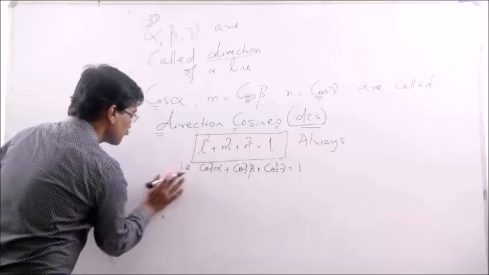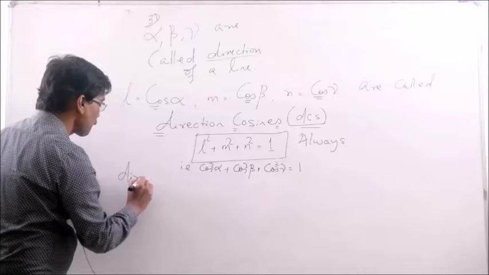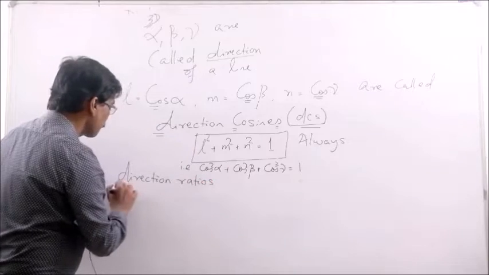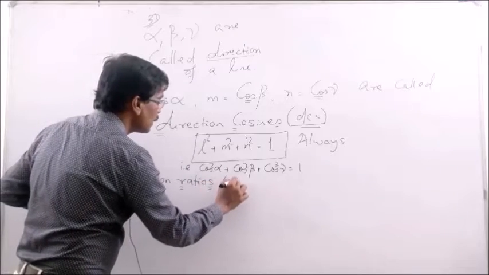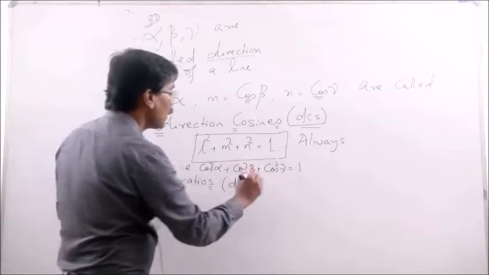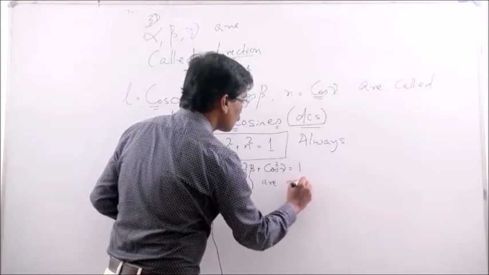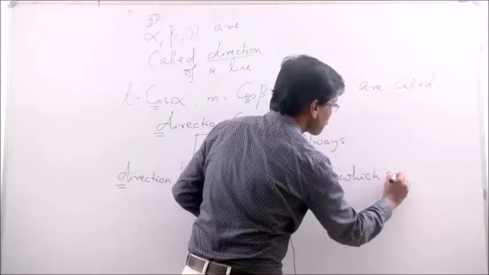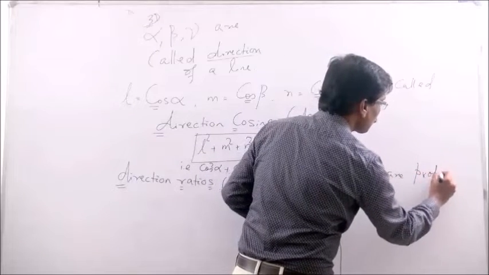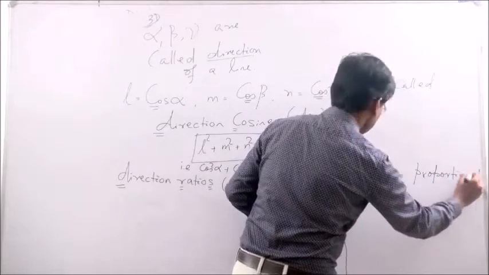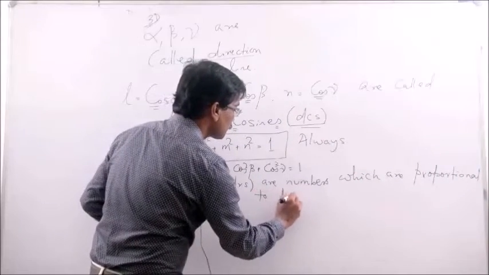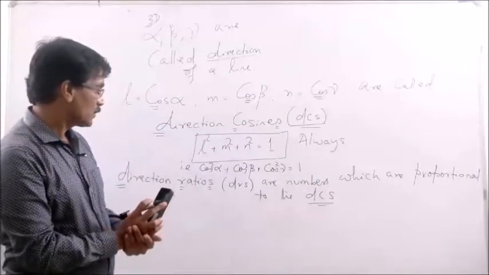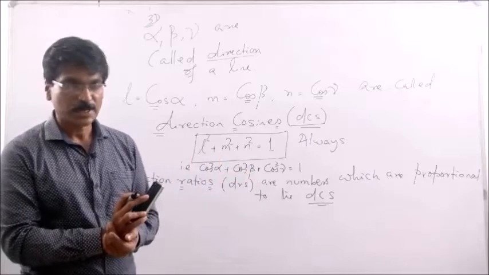Next we have direction ratios, in short form DRs, which are numbers which are proportional to the direction cosines.